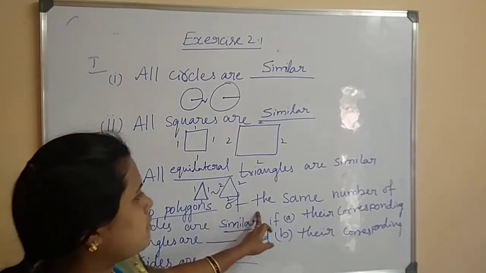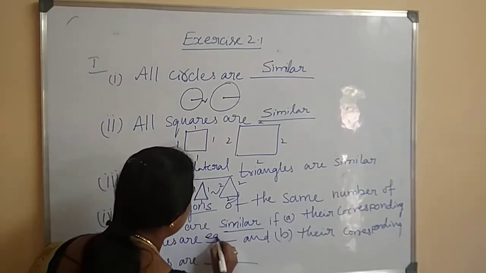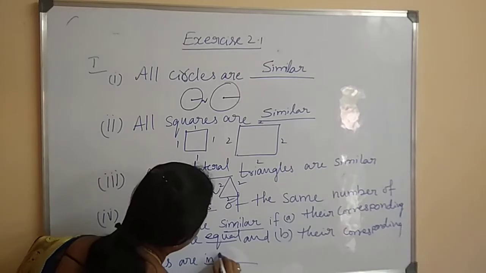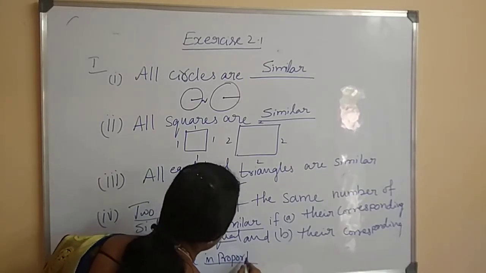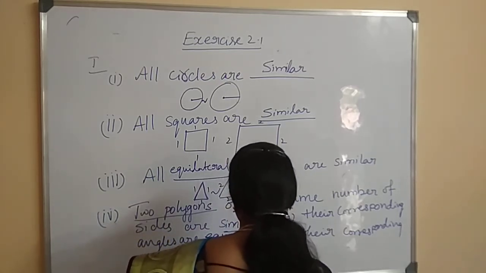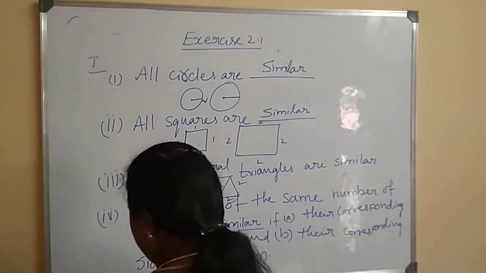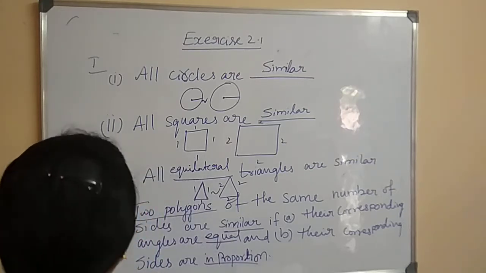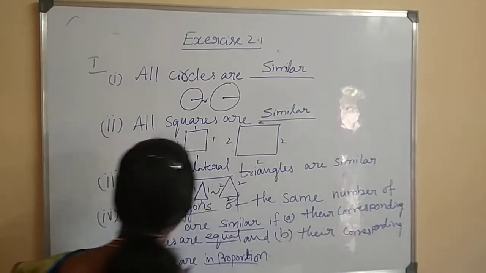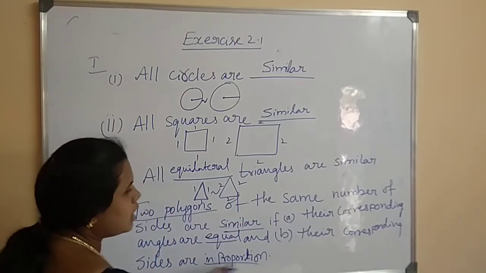Then two polygons of the same number of sides are similar if their corresponding angles are equal and their corresponding sides are in proportion, or you can write sides are proportional.